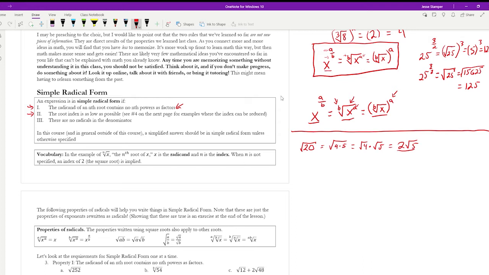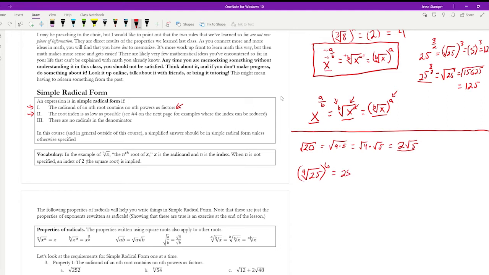Let's say that instead of giving you up here where I gave you 25 to the 3/2, what if I gave you, say, the 4th root of 25 raised to the 6th power? Well, that looks kind of complicated, doesn't it? But remember, the index, that number 4, is actually the denominator of the fraction in the fractional exponent.